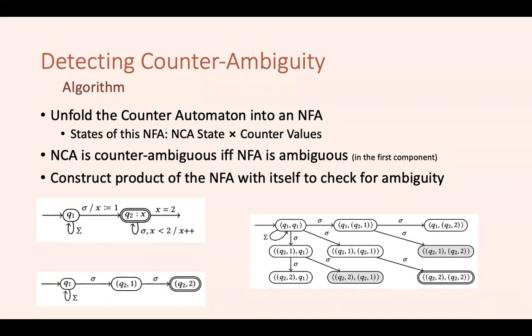Here, what is the definition of ambiguity for NFA? It is reaching any single state by two words. Yes, that is true. I am using the definition for NFA ambiguity a bit loosely.